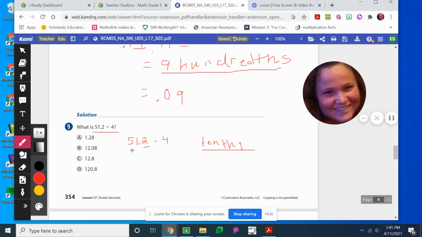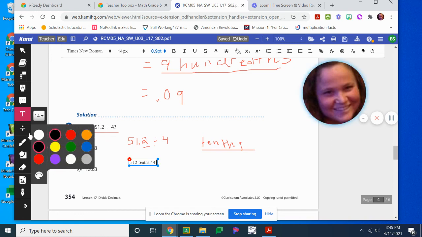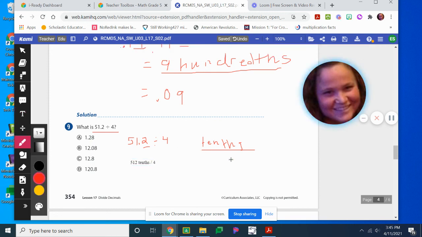So that means I have 512 tenths, and I'm dividing that by 4. So I'm going to set up my division and do 512 divided by 4.